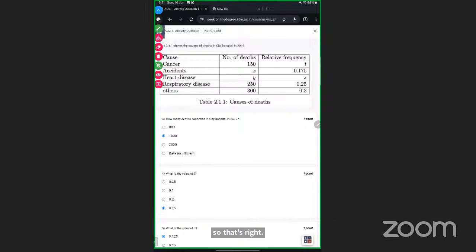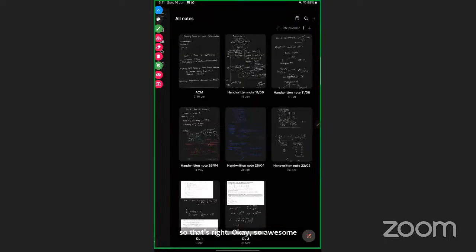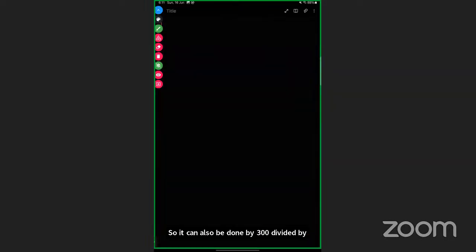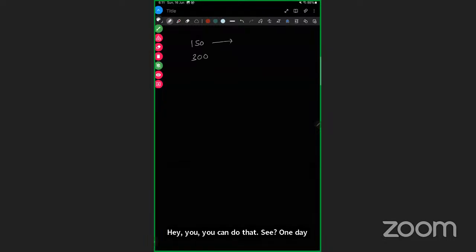It can also be done by 300 divided by something. See, one number is 150, and another is 300. This says 300 is 0.3 of something.